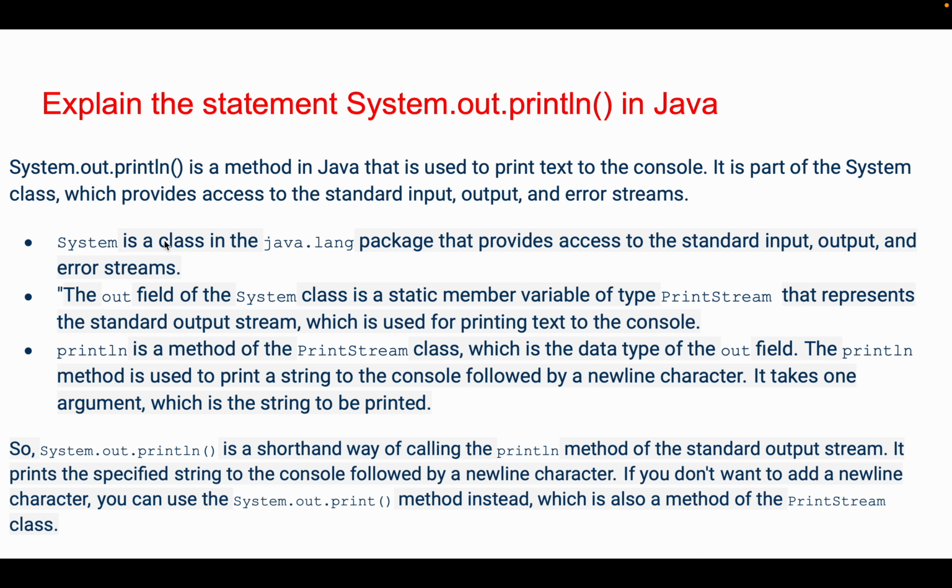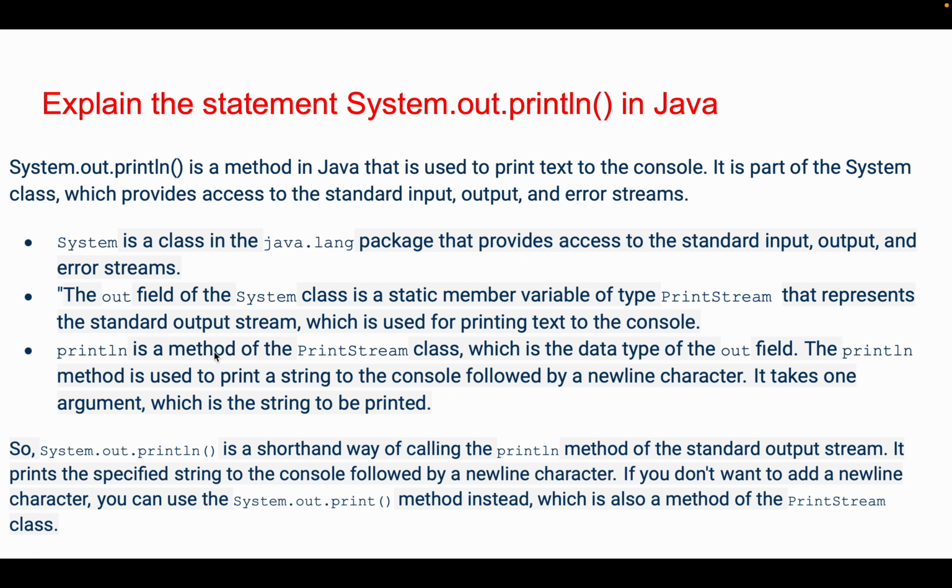System is a class present in the java.lang package. The out field of the System class is a static variable of type PrintStream that represents the standard output stream, which is used for printing text to the console.